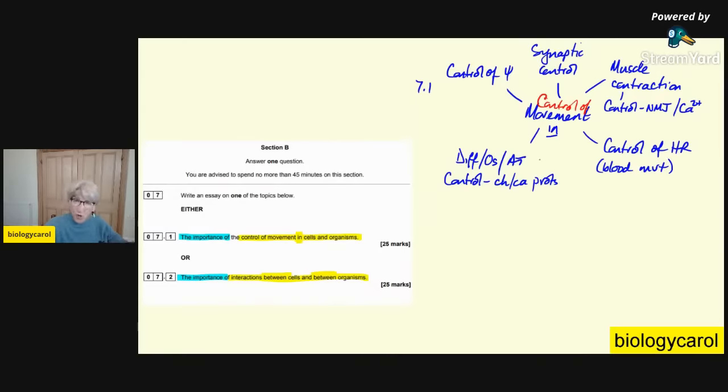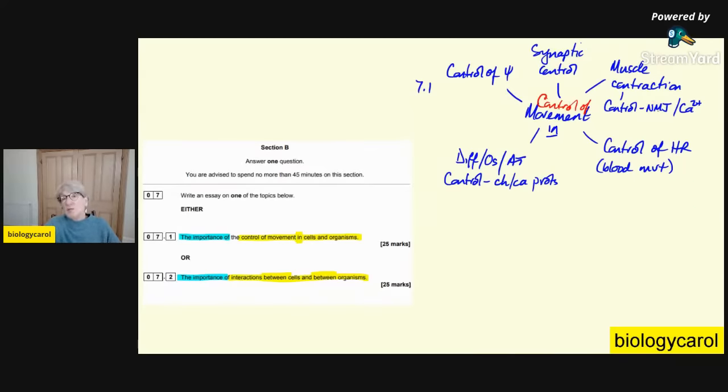I'm thinking control of movement. So, muscle contraction, neuromuscular junction, calcium ion release, synapses. I thought control of water potential, because in the kidney, water is being reabsorbed, it's moving. Synaptic control, that would absolutely, your whole summation stuff, that would be control of movement.